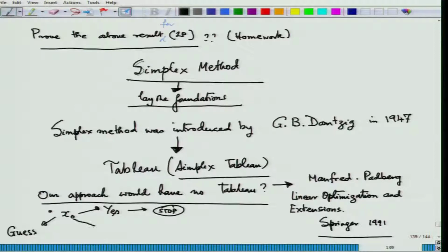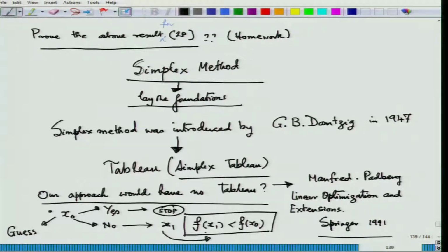And if you say no, it is not, then by some approach you move from x naught to x 1 such that the functional value, if my objective function is f, at x 1 must be strictly less than f of x naught, provided that we are minimizing the function. So, you come from x naught to x 1 where this property holds.